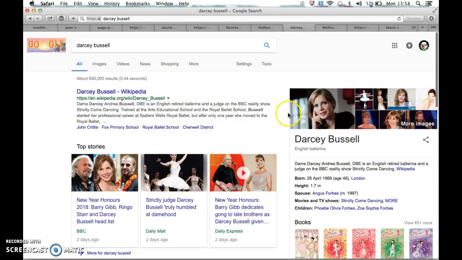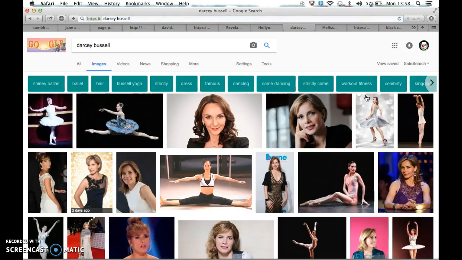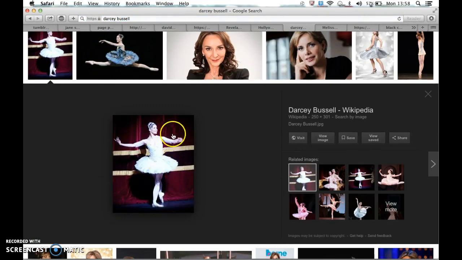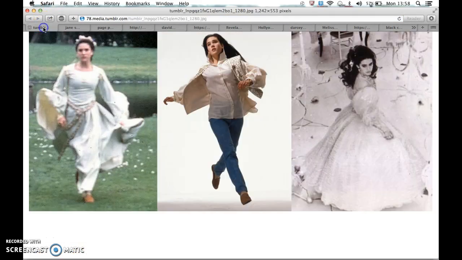Just like you have Darcy Bustle, another Rev 12 woman character. See how she's wearing white for heaven? Just like Sarah, see?